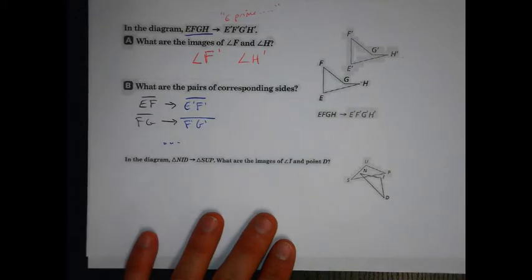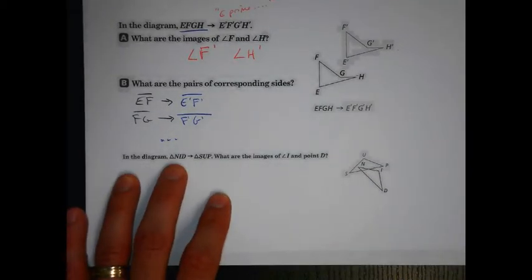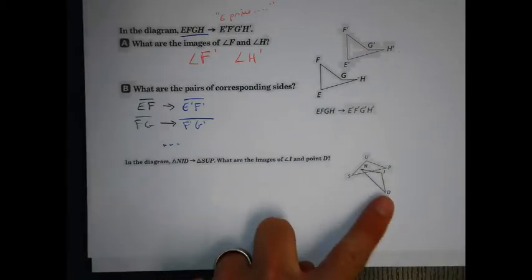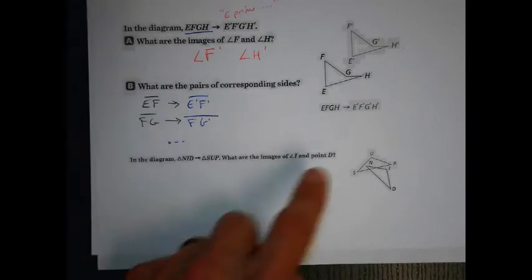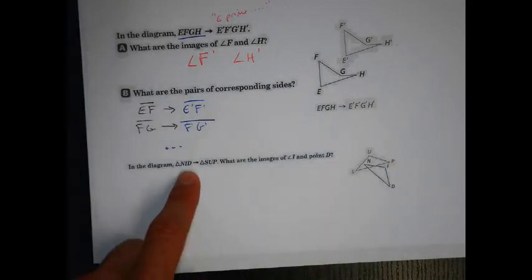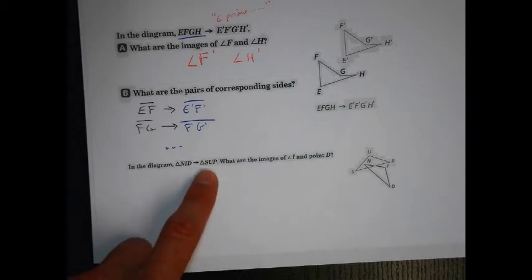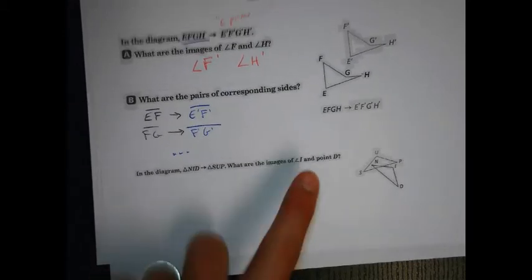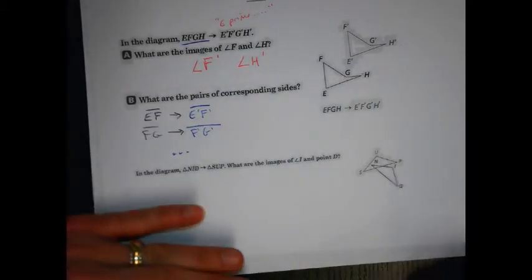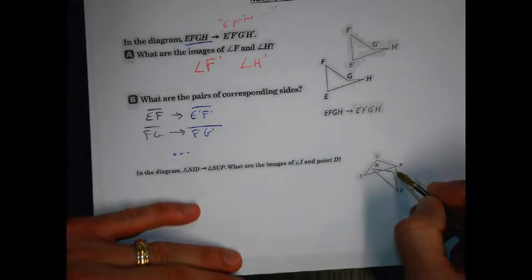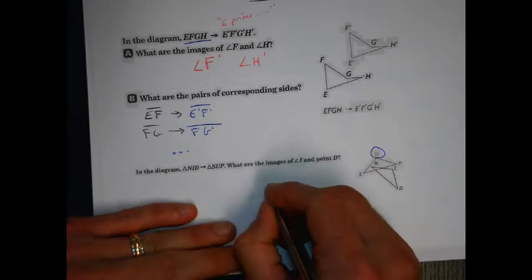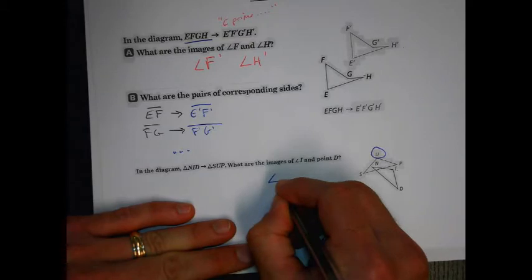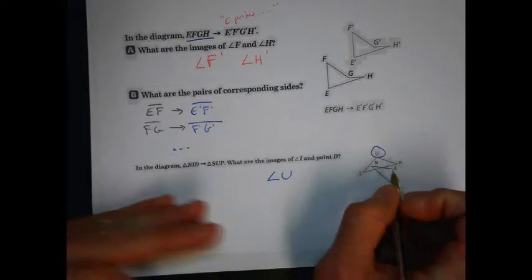Now we have this third question here. It's saying in the diagram, triangle NID is the pre-image of triangle SUP. So NID is the pre-image, and it has the image of SUP. What are the images of angle I and point D? Here's angle I in the pre-image. If this is the post-image, angle I is right there. So the image of angle I is actually angle U, no prime at all.